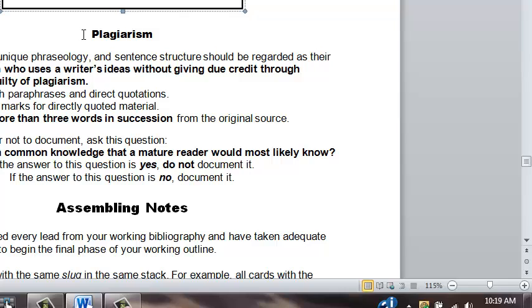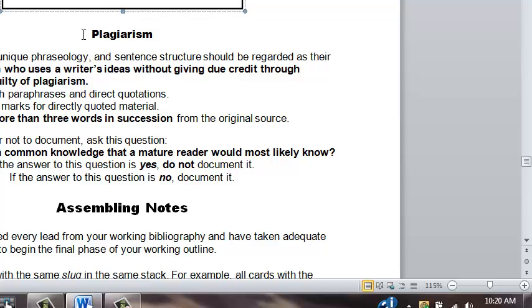Any person who uses a writer's ideas without giving due credit through documentation is guilty of plagiarism. So it's important that you document both paraphrases and direct quotations. Use quotation marks for directly quoted material, and do not use more than 3 words in succession from the original source. Why? Because if you do, then you are quoting directly.